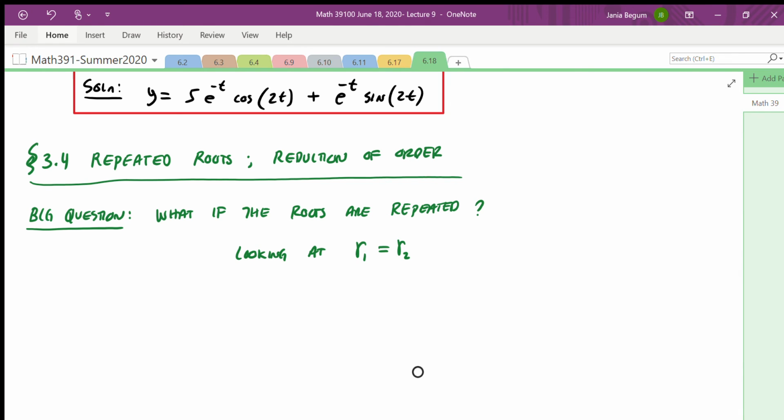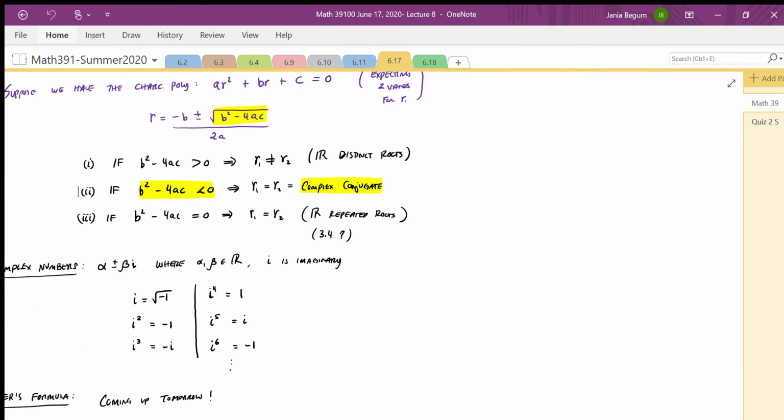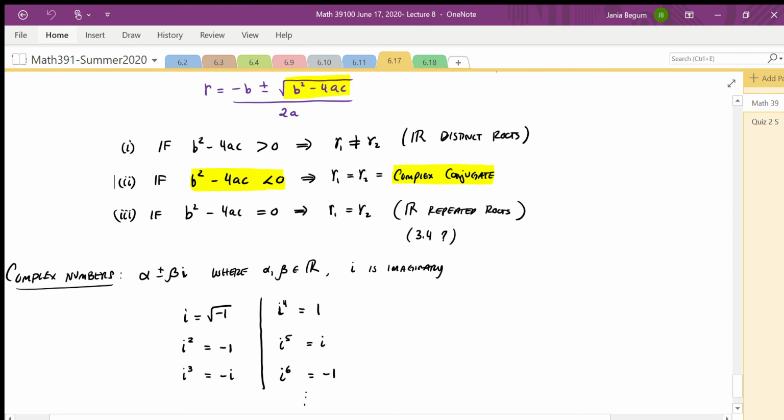So going back to our notes from last class, third scenario is right here. If b squared minus 4ac is equal to 0, meaning the radicand is 0. So all we're left with is negative b over 2a. So there's no plus and minus coming into the picture. That means you're only getting one root for the solution. It's a quadratic, so we're expecting two solutions, not just one. So it is repeated roots.